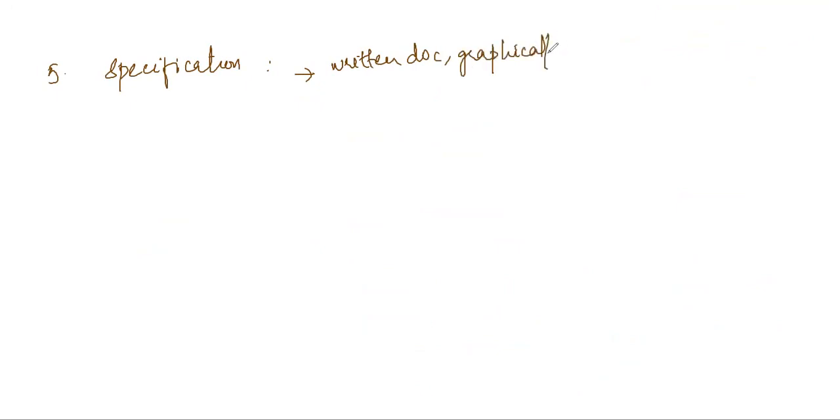Then after negotiation, you had another phase, that is specification. Specifications mean different things to different people: it can be a written document, a graphical or mathematical model, or prototypes.